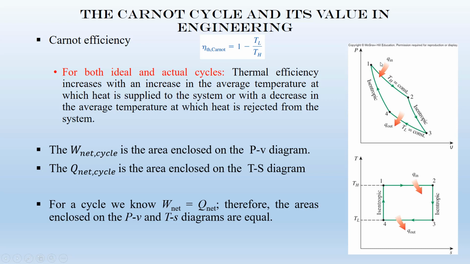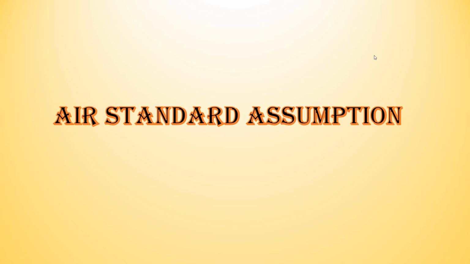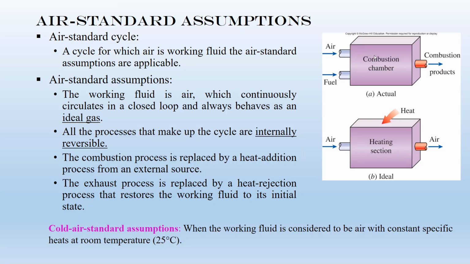To analyze this combustion chamber, we need to use the air standard assumption. What is the air standard assumption? What is the air standard cycle? Let's go over this air standard cycle.